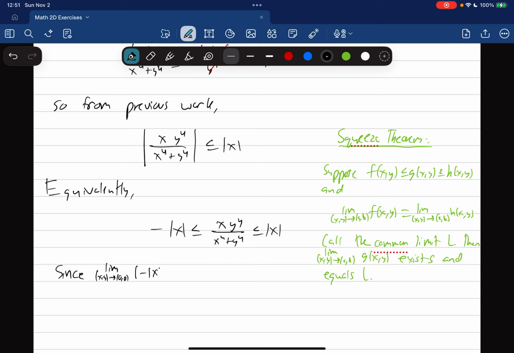So since the limit of negative absolute x equals negative 0 equals 0, and the limit as xy goes to 0, 0 of absolute x equals 0, the limits are equal. If you want to be precise, you could write the limits exist and are equal.